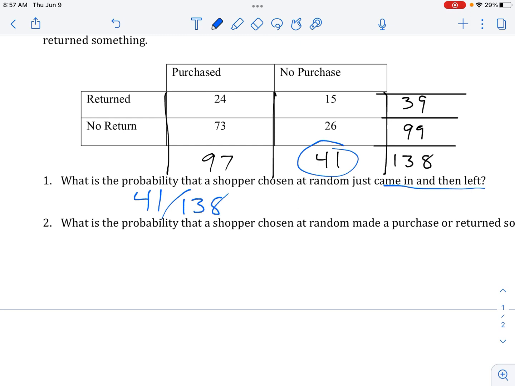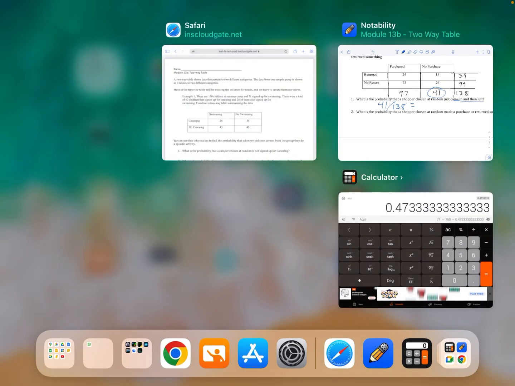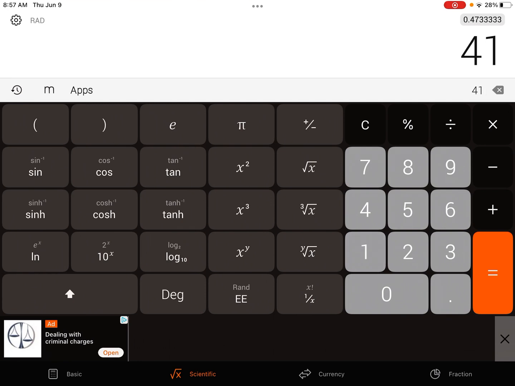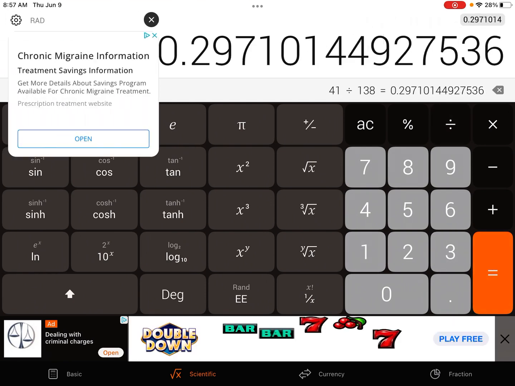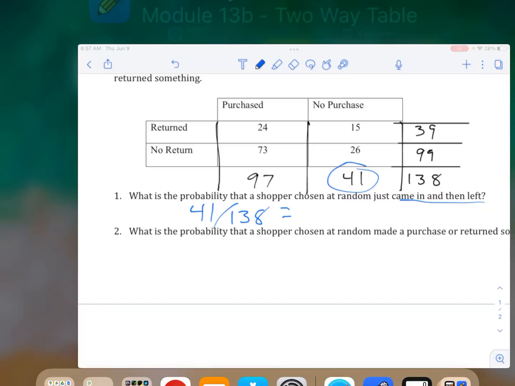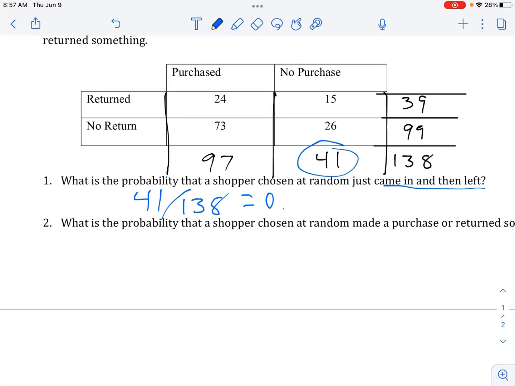I'm pretty sure 41 doesn't go into 138 evenly, and I know 41 is a prime number. So just stop there or get the decimal, which is 0.297. Okay, so either of those would work.